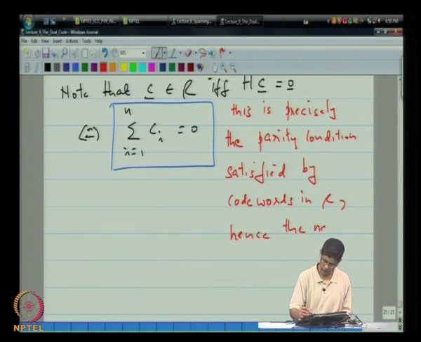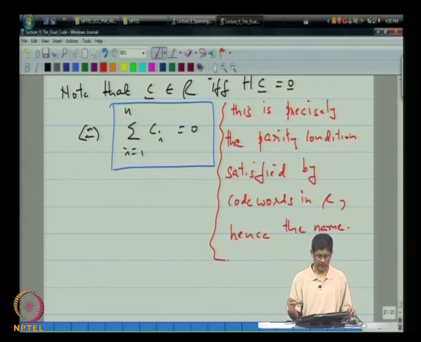This is the reason for calling H the parity check matrix of the code.